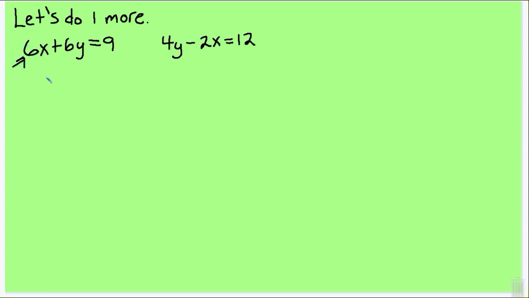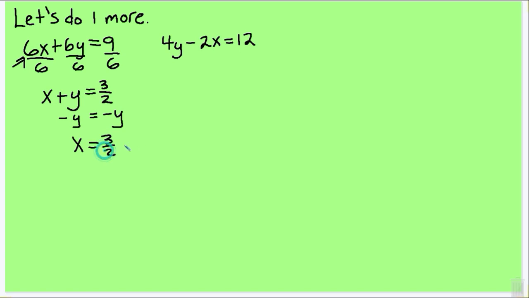Divide everything by 6. So I get x plus y is equal to 3 over 2. That's the reduced form of that fraction. So I'm going to subtract y from both sides. And I get x is equal to 3/2 minus y.